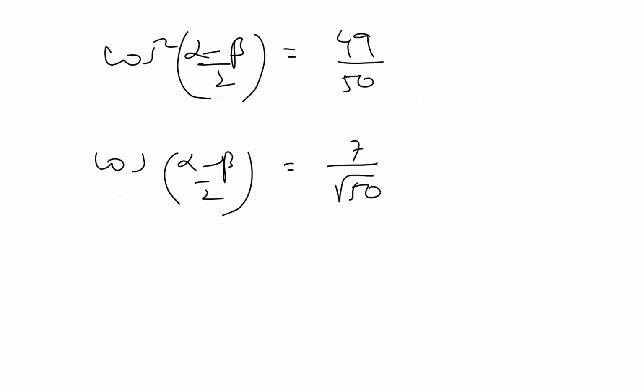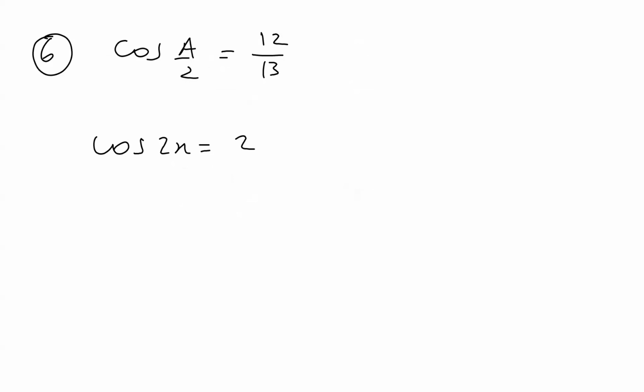Fine. Let's go to question number 6. Cos A by 2 is equal to 12 by 13. Calculate without the use of tables the value of sin A, cos A, and tan A. Now cos 2x is 2 cos square x minus 1.